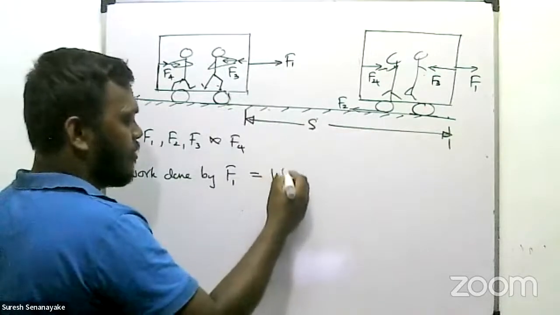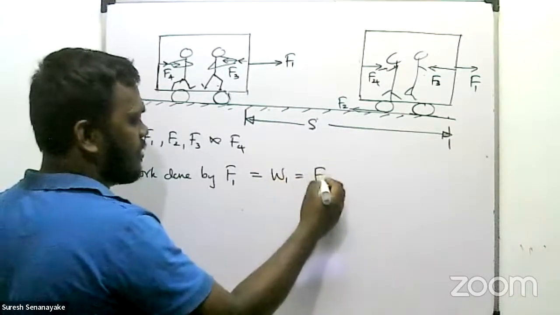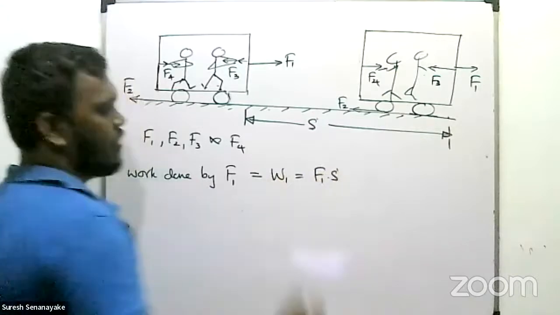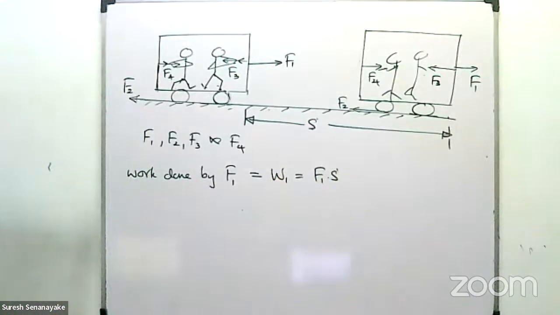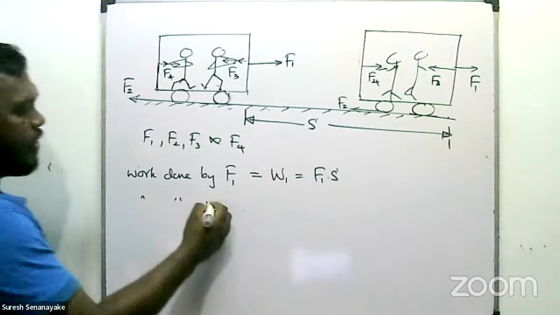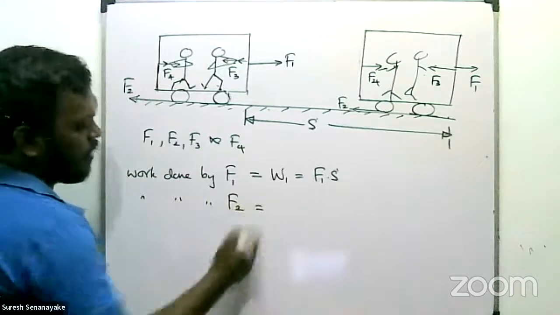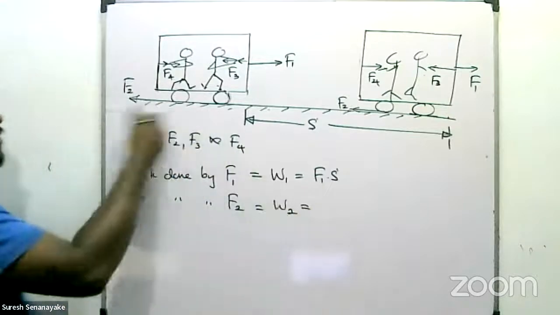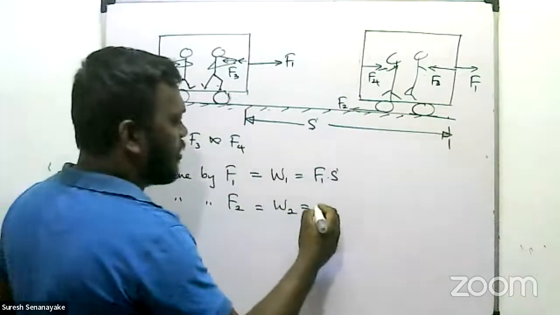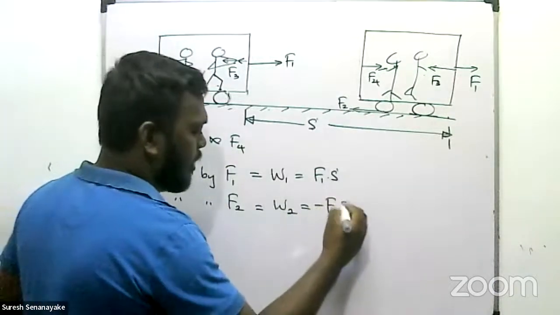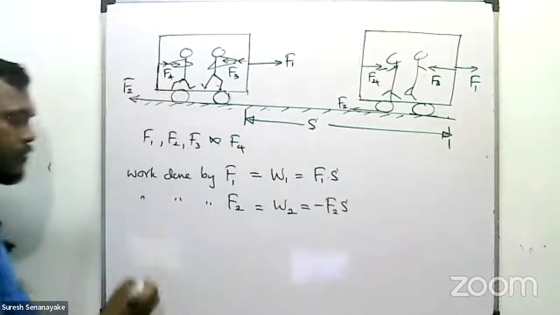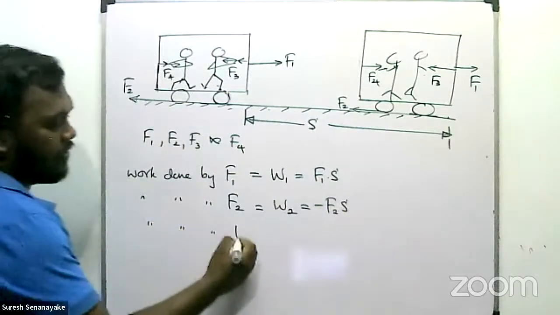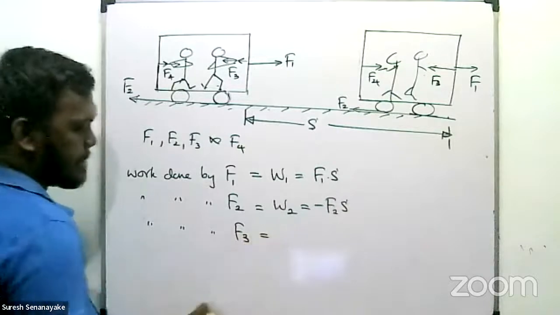So W1 is F1 dot S. The work done by F2: it's acted in the opposite direction, so it's minus F2 S. Now the work done by F3.